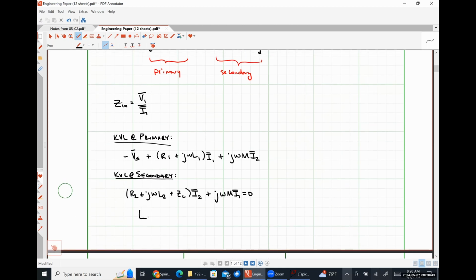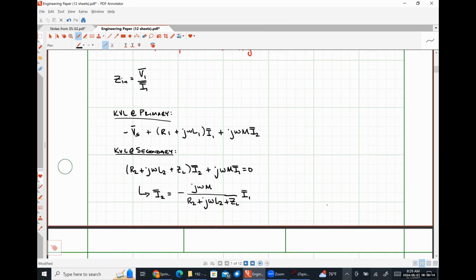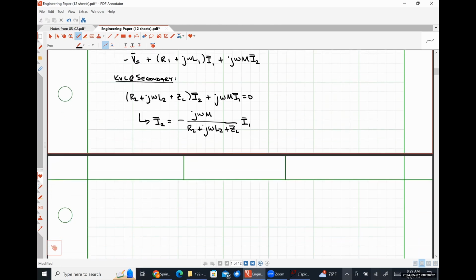And this could be rearranged to find that our current I2 is nothing more than negative J omega M divided by R2 plus J omega L2 plus ZL times I1.